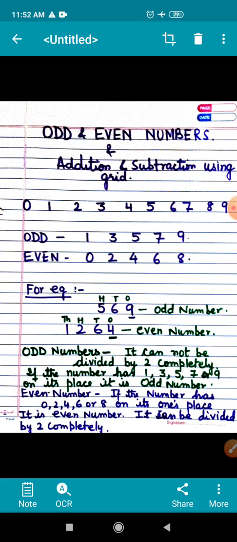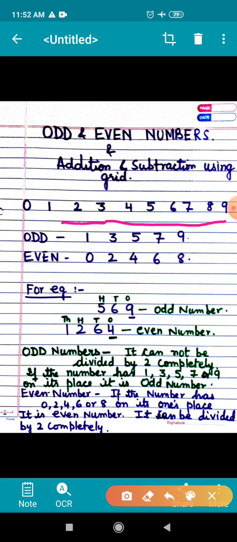Children, you all know there are 9 digits: 0, 1, 2, 3, 4, 5, 6, 7, 8 and 9, and 0 is also there. It has no value of its own, but when it comes along with another number it gives value to that number.